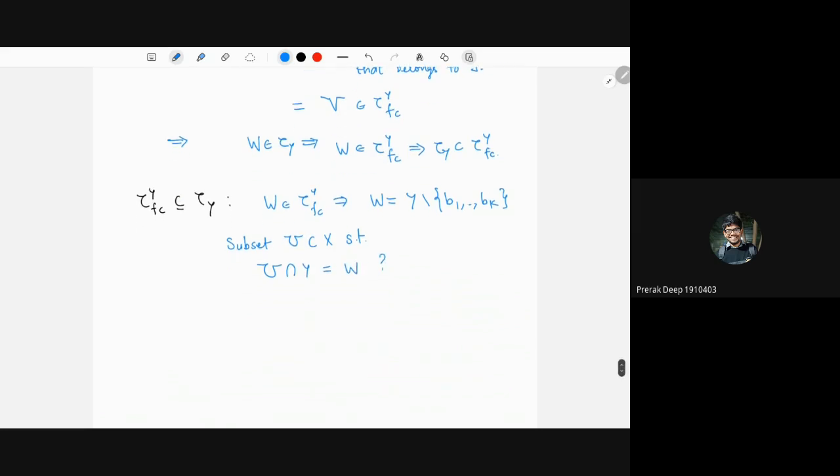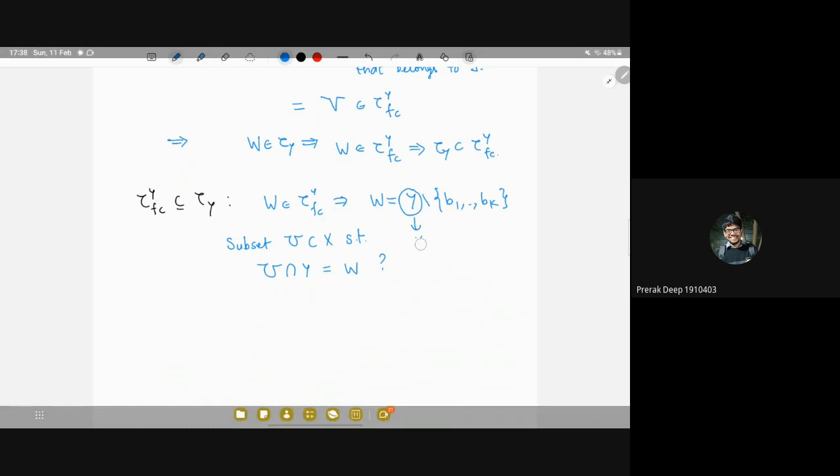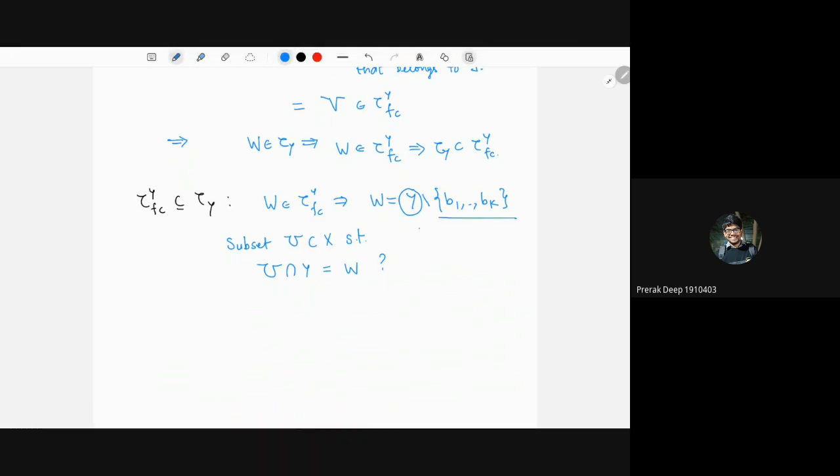And the answer is yes, one can just, instead of Y, think X. If you remove this finite set from X, you will get it.